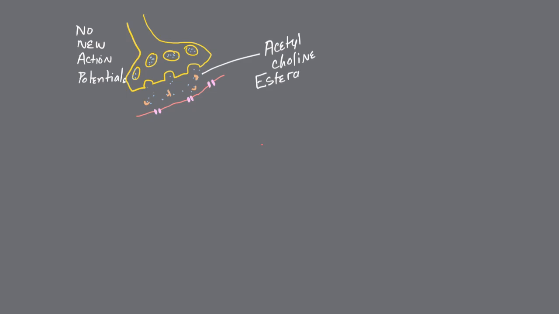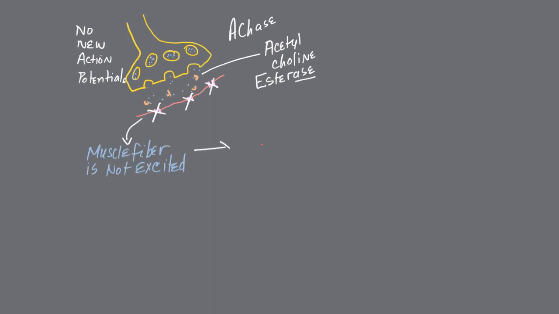When acetylcholine esterase destroys any remaining ACH, there is no ACH to bind to its receptor on the muscle fiber. So these channels close. No sodium enters the muscle fiber, and so no local potential is formed in the muscle fiber. It is not excited. If the muscle fiber is not excited, it cannot generate action potentials.